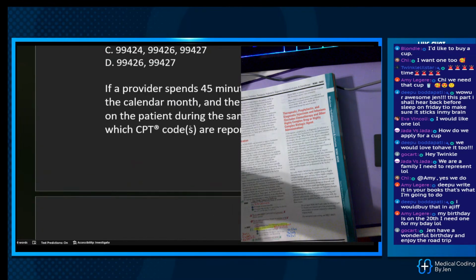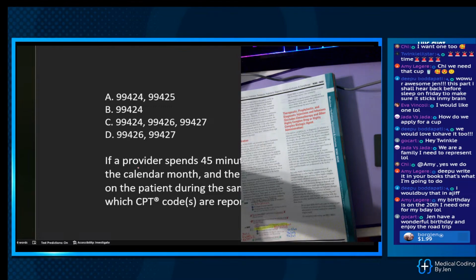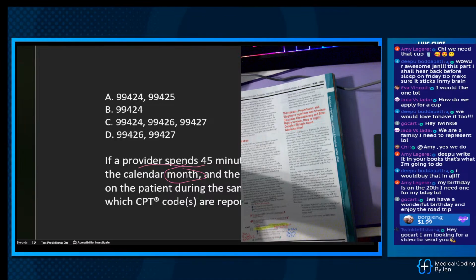Concurrent billing for E&M. I went over this one recently. If you're billing for a provider who spent 45 minutes with the patient for a month, and the RN also spent 60 minutes for the patient for the same month, you can't bill the same time for both providers.